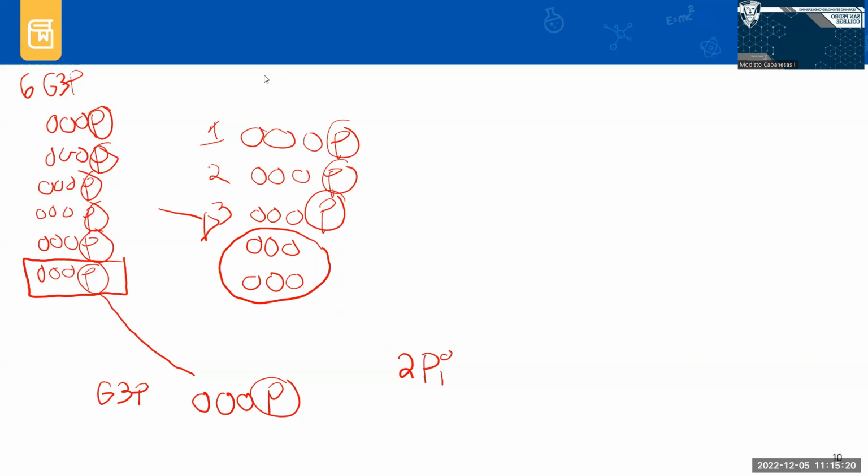Okay? So with that, ilan yung kailangan sa first molecule? 2. So we will have this 2 and add it here sa first carbon. Making it this 1, 2, 3, 4, 1, 2, 3, 4, 5. Yan.